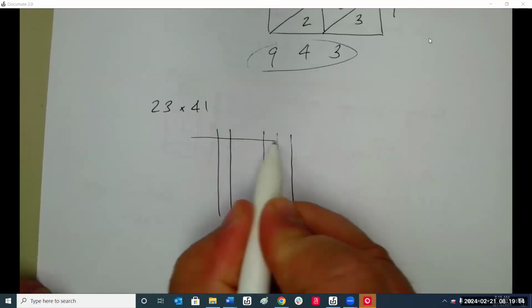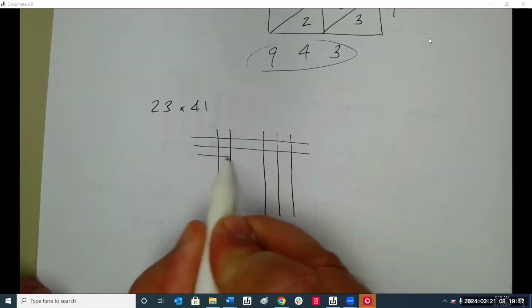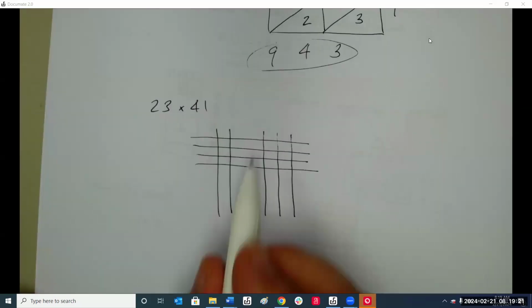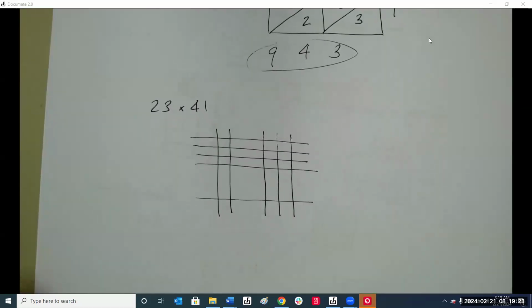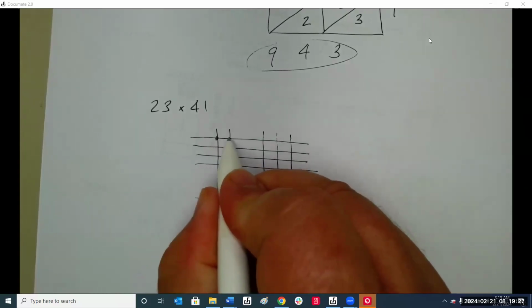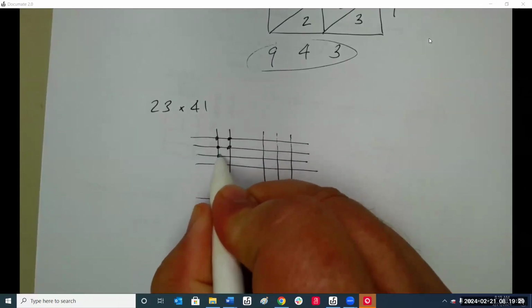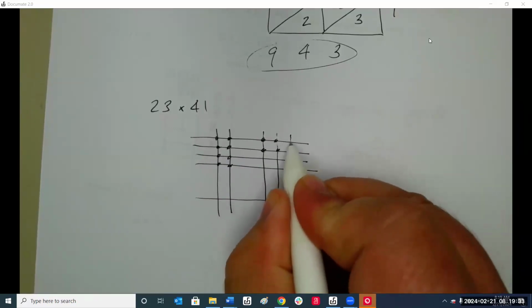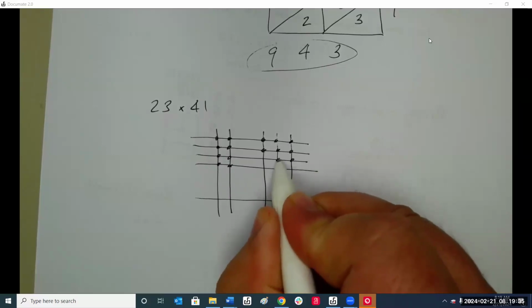Four, 1, 2, 3, 4, and 1. All we have to do is add up these intersecting points.